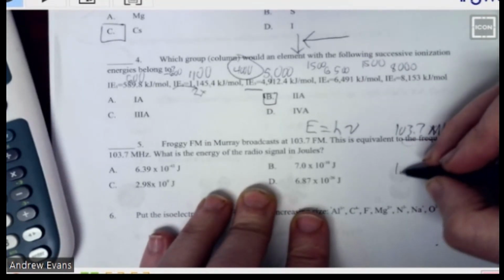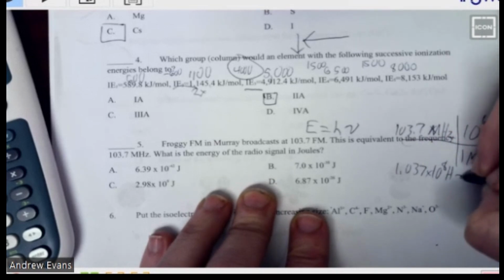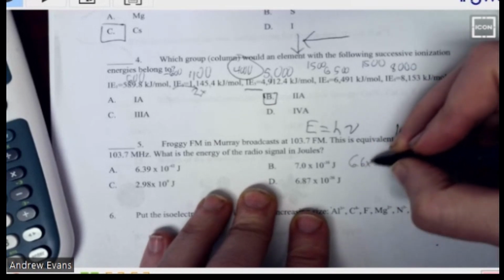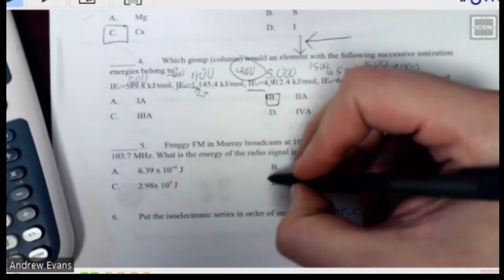So that means we have 1.037 times 10 to the 8th hertz. You multiply that by your 6.6 times 10 to the negative 34th, and you should get something like D.